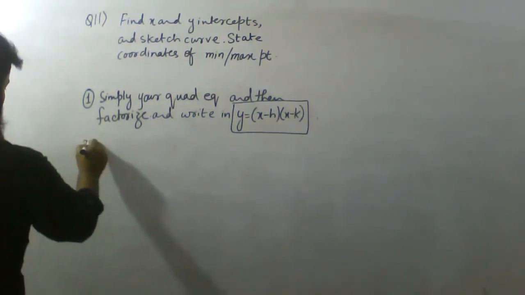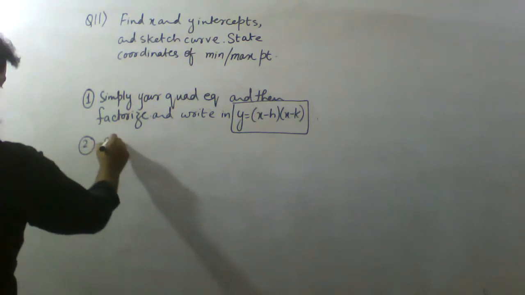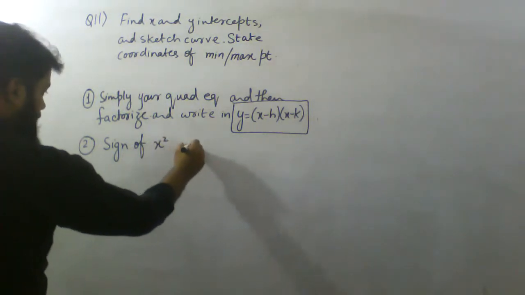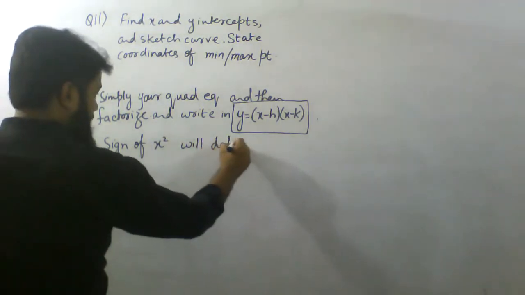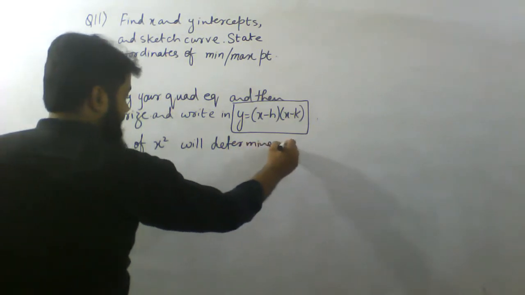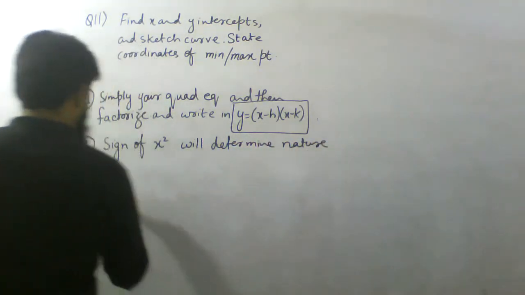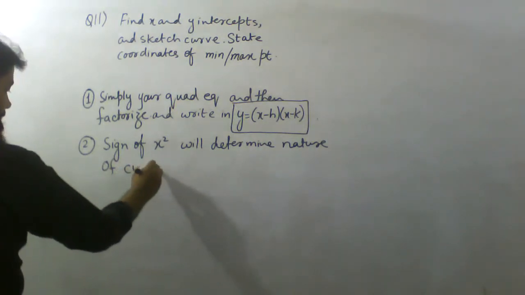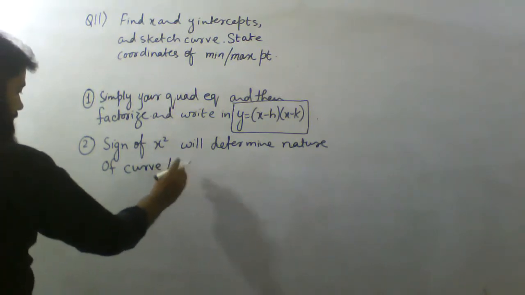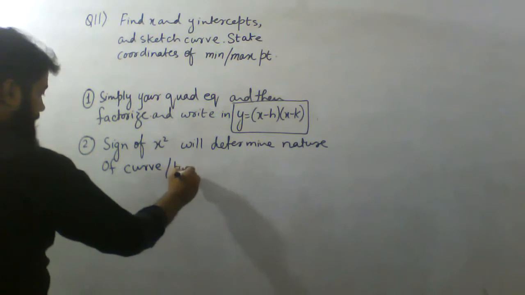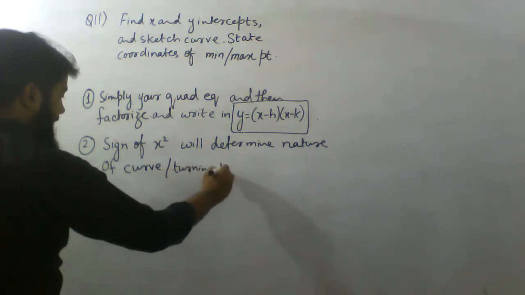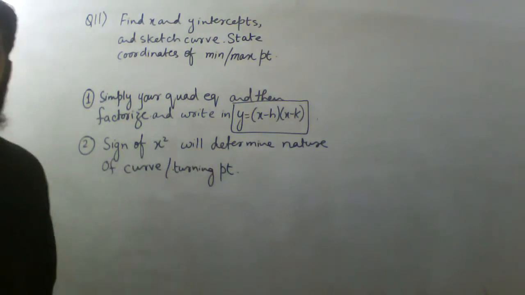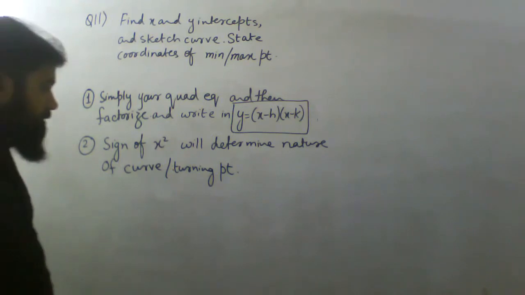After that, the sign of x square will determine the nature of the curve or turning point. Your sign of x square will tell you what will be the nature of the curve or the nature of the turning point. How will you know?